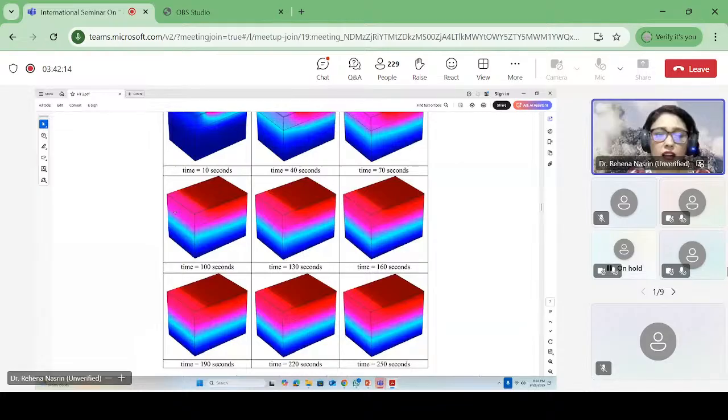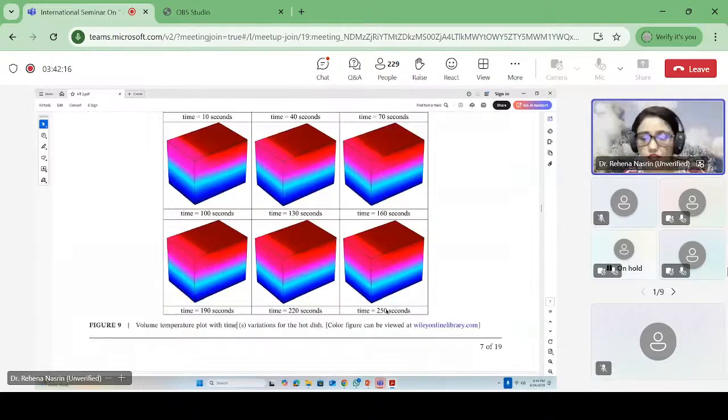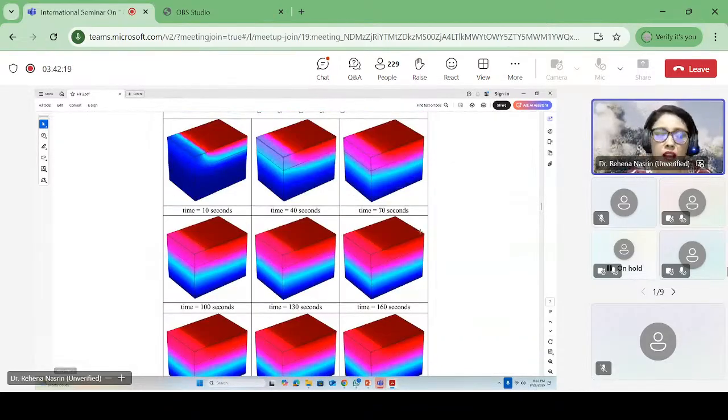We consider here 0 seconds to 250 seconds, and as time increases, you see that the red part means the high temperature part of the skin. The blue part means the low temperature part, 37 degrees. The red high temperature part goes down, and this blue part is the subcutaneous domain of our third layer.